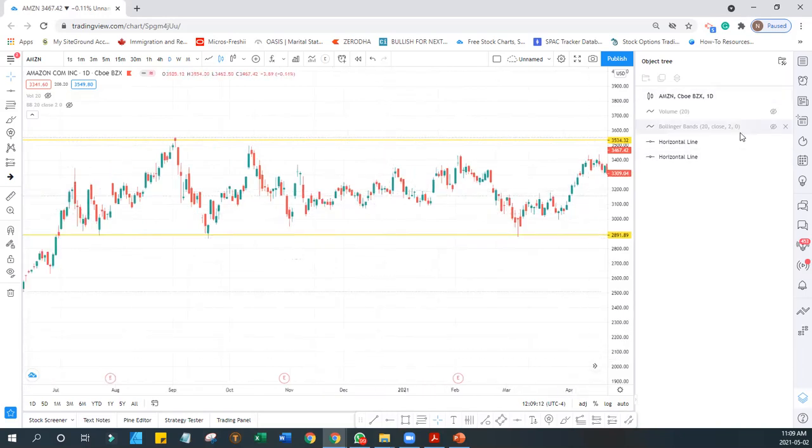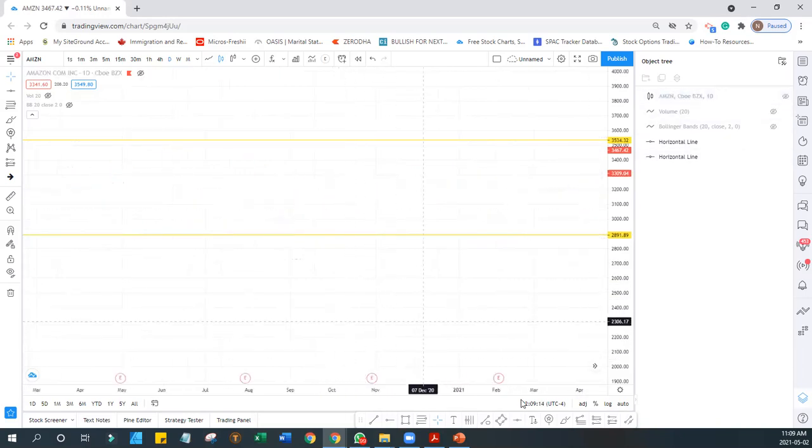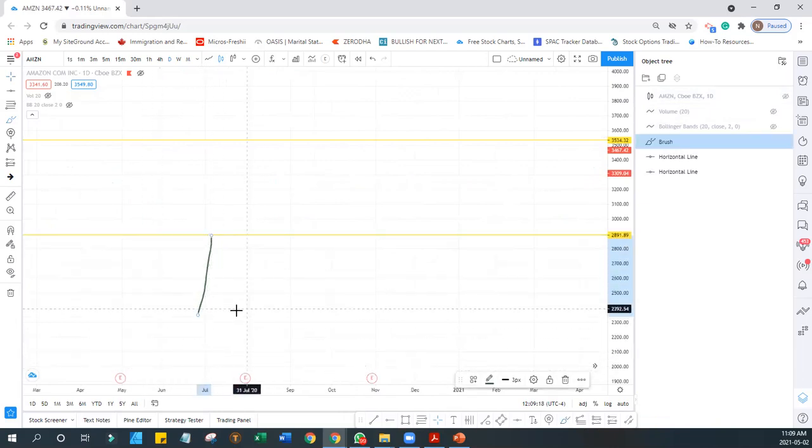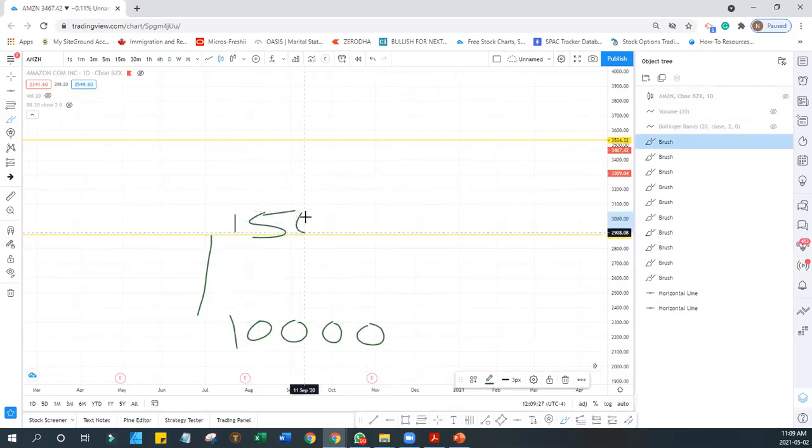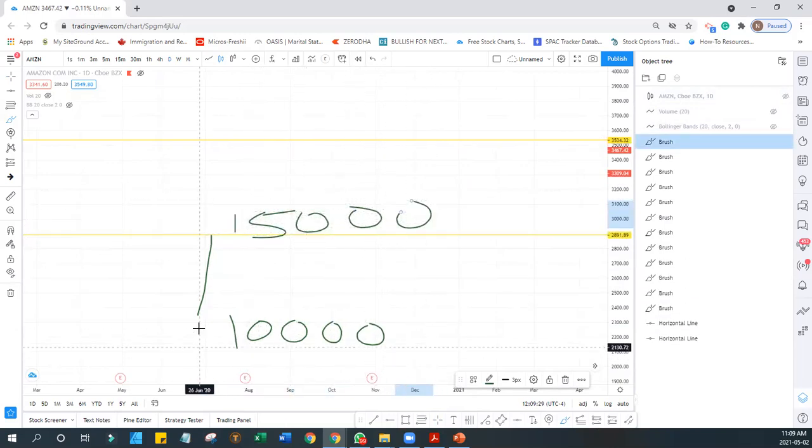Now I'm going to move the chart. Remember, when the price is going up, say for example there are 10,000 buyers here, and here there are 15,000 sellers.